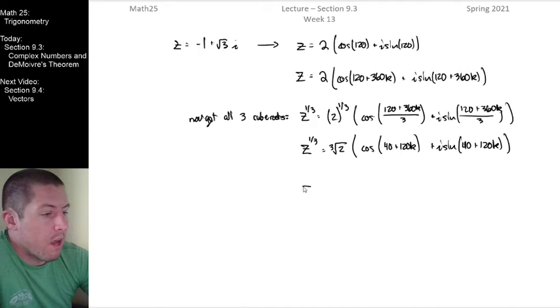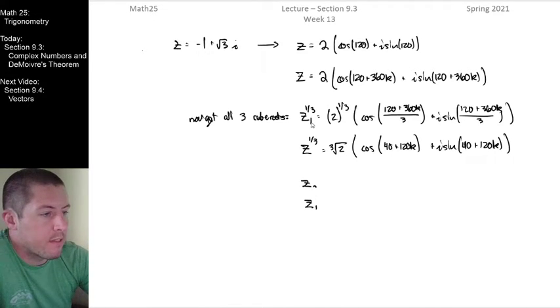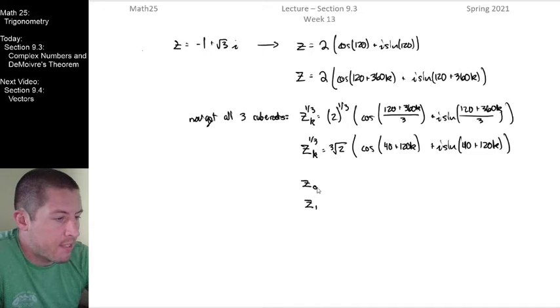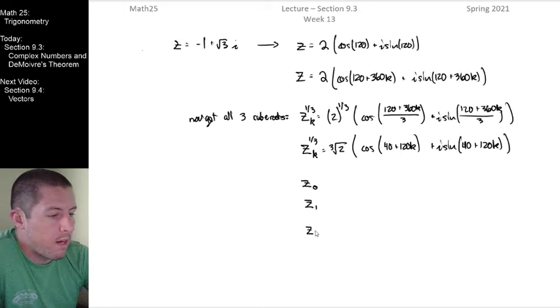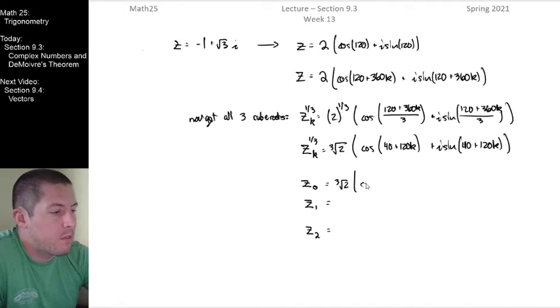So I'm going to go ahead and call these z0, z1. What I should be doing right here is calling this z sub k, so it's the kth root. I'm looking for the 0th one, where k is 0, where k is 1, and where k is 2. These are my 3 different solutions. If k is 0, we're getting the cube root of 2 times cosine of 40 plus i sine of 40.